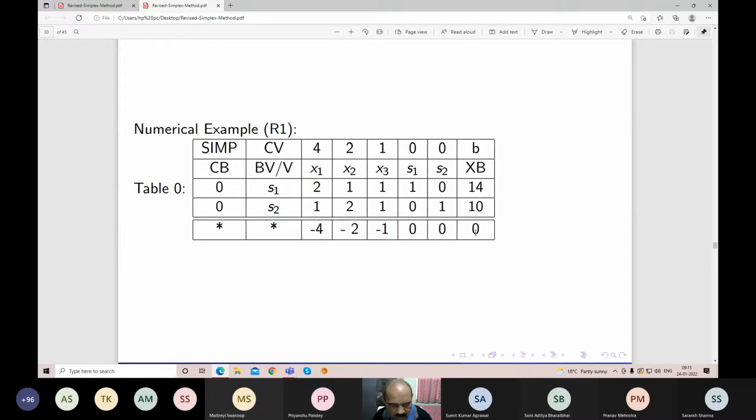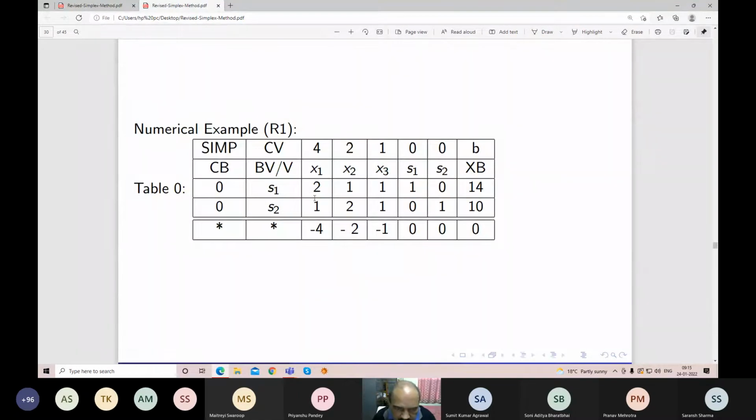Now, can you tell me what is the value of the basic variables in this table? S1, S2. S1 equal to 14, S2 equal to 10, and the values of the non-basic variables x1, x2, x3 are 0.